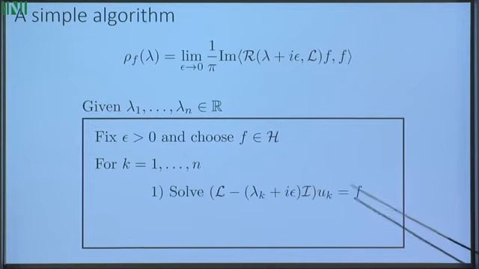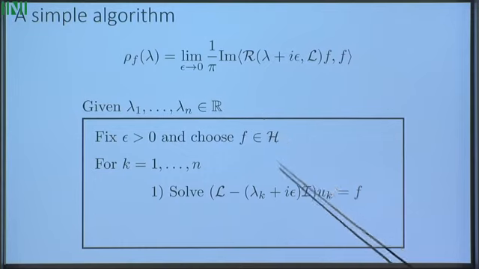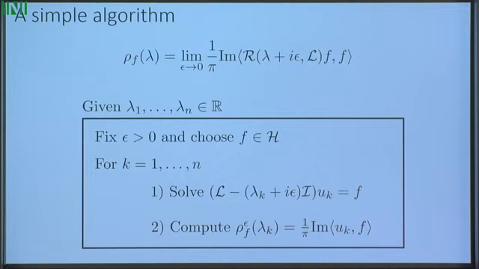And for each one of these sample points, we're just going to solve this ODE to apply the resolvent at that node shifted off the real axis by a distance epsilon. And then we're going to compute the inner product of our solution back with F. So that's giving us a sample of this function before we've taken the limit epsilon to 0.